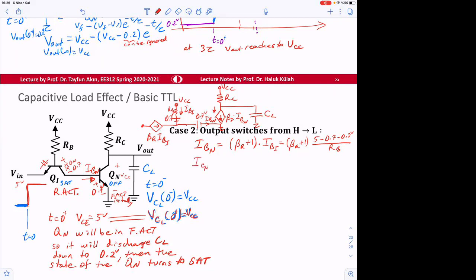So IC of N is going to be beta forward plus 1 times IB of N. So I can model this. So this is the current. So I can say that my discharging is going to be like this, with a constant current source, IC of N, and then a capacitor. Now this is my circuit model. Is that clear?